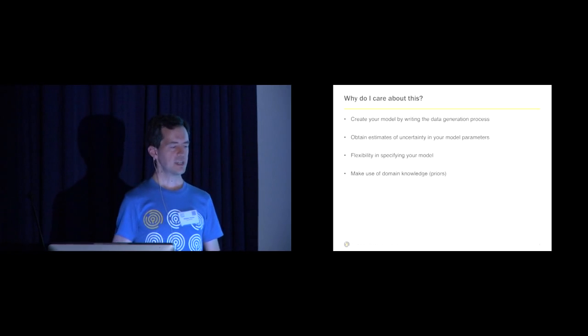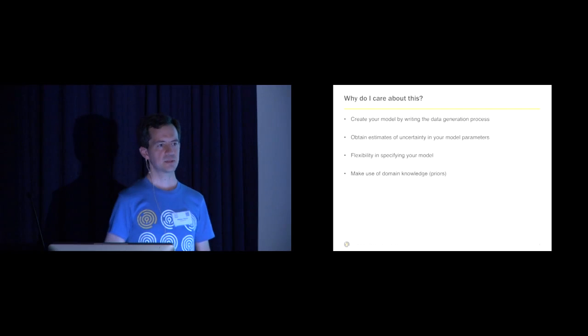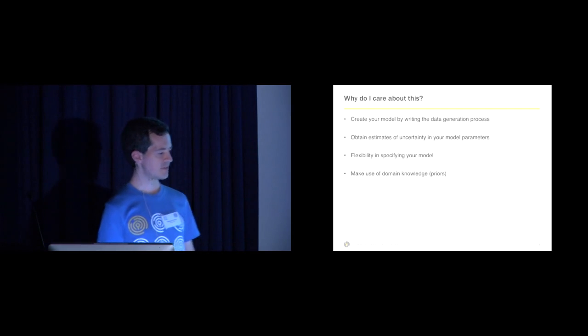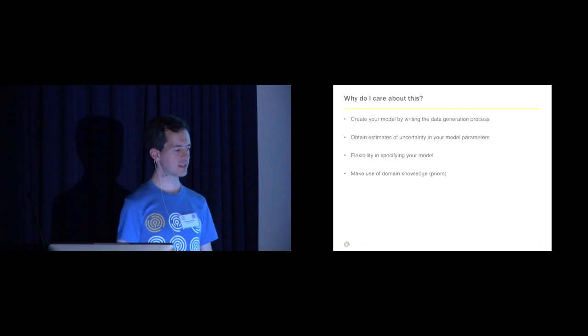Also really important is that you get the uncertainty out. If you fit your linear regression in scikit-learn, sure, you get the best fit values of the coefficients. But if you fit a model in Pystan, then you'll get not just the best fit values, but you'll also get a distribution. This is telling you, given what you know about the world, what could possibly those values be, not just what's the most likely thing.